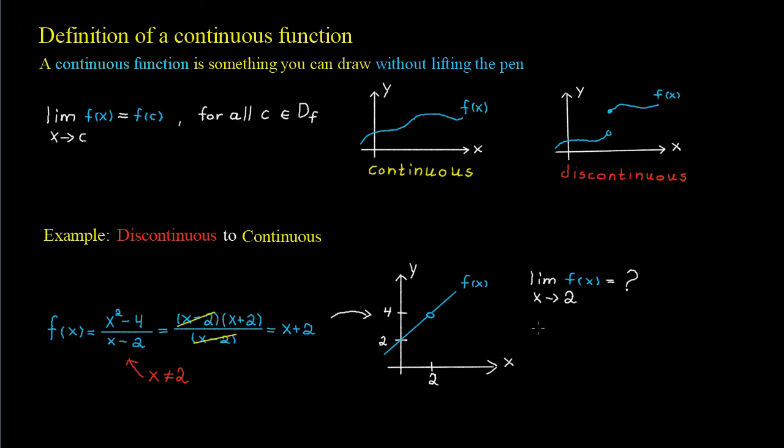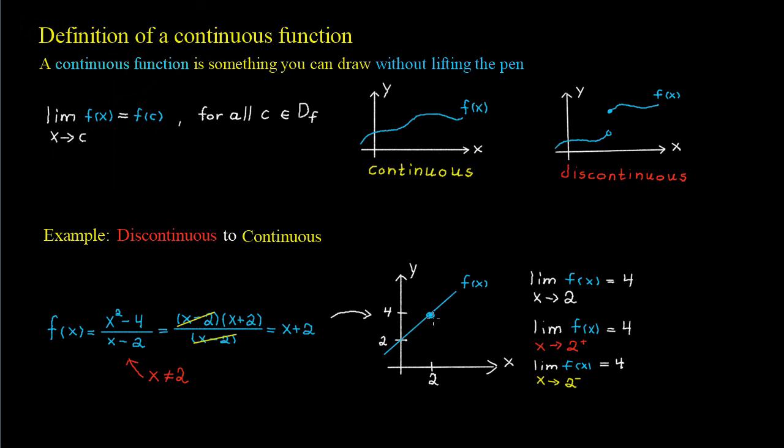So let's see, what's the limit? If it goes from the right, we can see that the function seems to approach the number 4. And if we go from the left, the function seems to approach the number 4 again. So the limit is going to be 4, which means that our new function value at x equal to 2 should be the number 4, since this is the only way for the function to fulfill the definition.